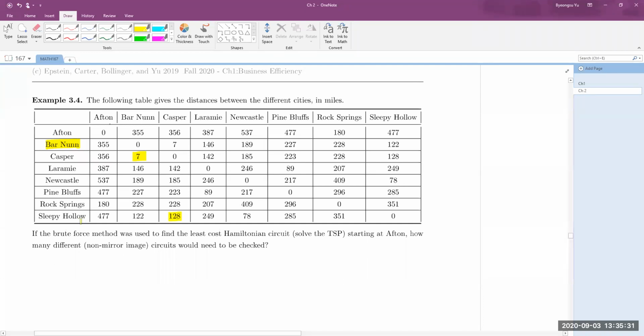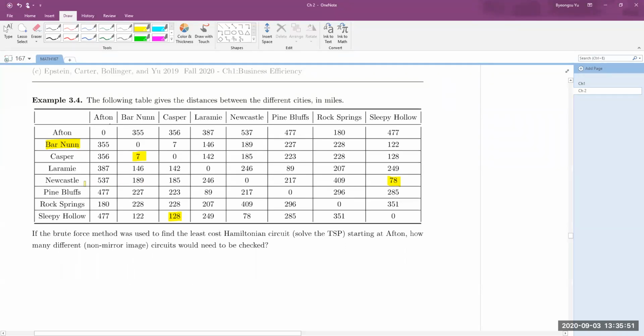And from Sleepy Hollow, except Casper and Barnum, the nearest city is Newcastle, because Newcastle has only a 2-digit distance, but other cities have 3-digit distances.